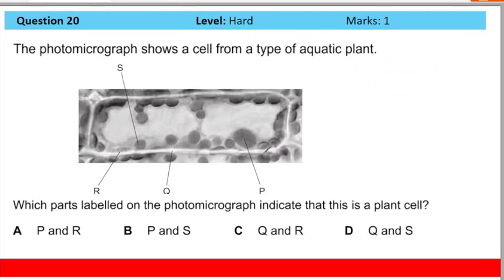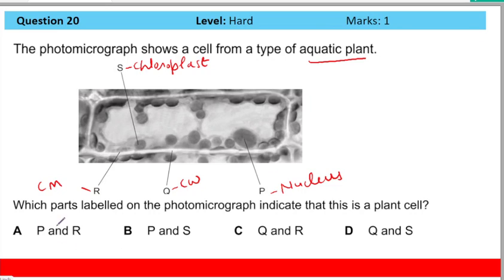The photomicrograph shows a cell from a type of aquatic plant. You can see here S is chloroplast. Let us label it first. P is a nucleus, Q is a cell wall, and R is a cell membrane.